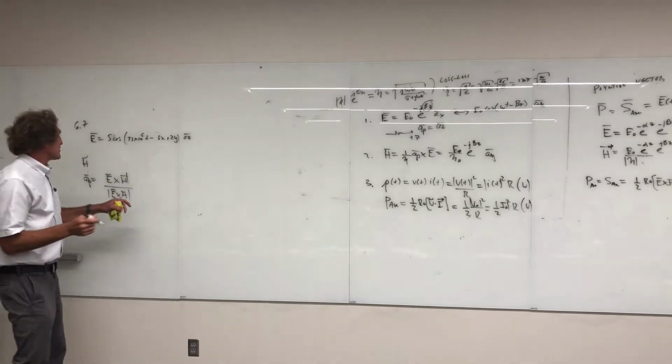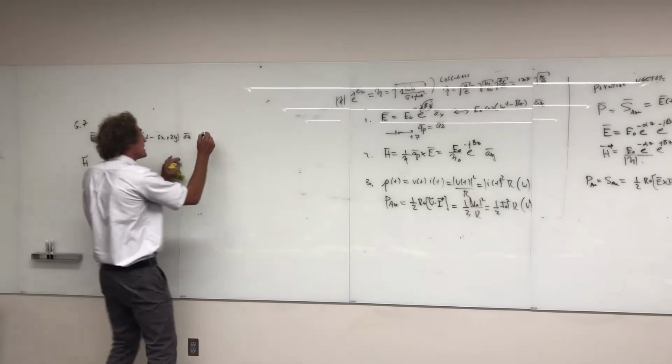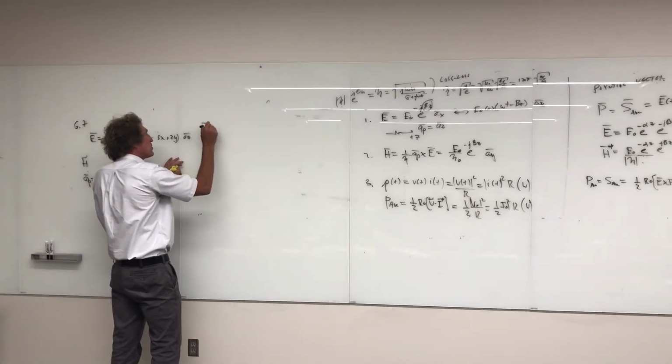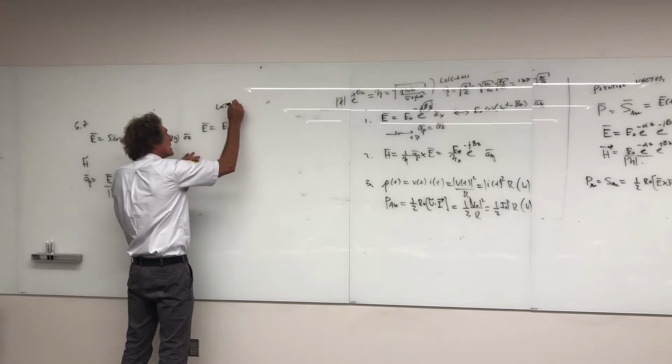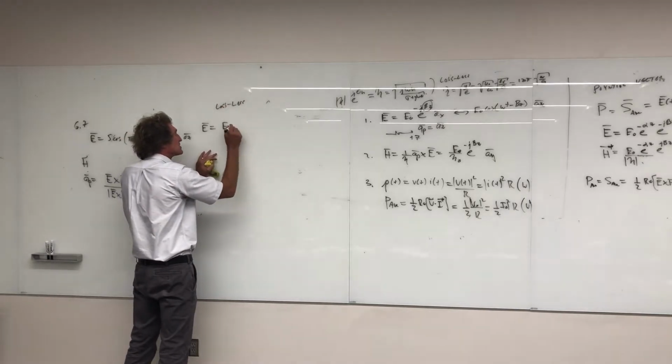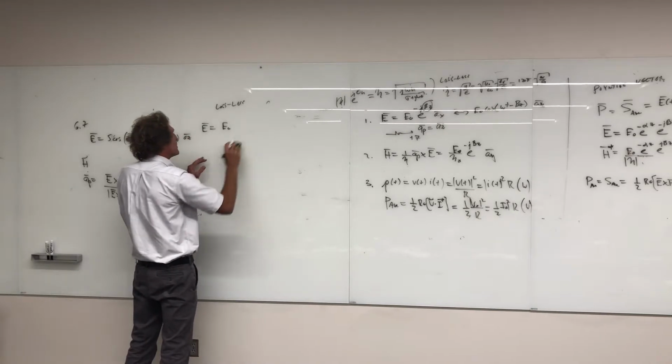Now, the more general form for the E field propagating in free space when it's a plane wave is this. E will be equal to some E naught. I'm going to do the lossless case too. I don't want to mess around with loss. Times the cosine. And then it will be, actually, let me do the phasor form. It'd be better if I put phasor.